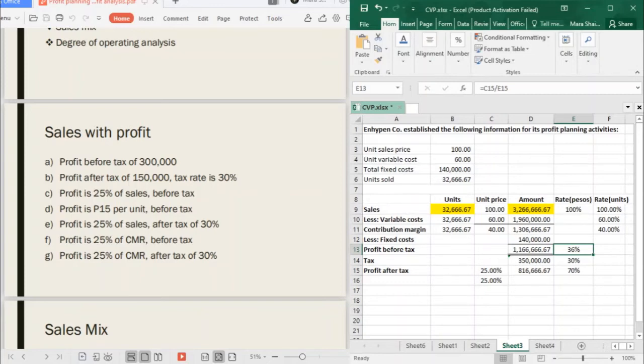Next is, this profit is 25% of CMR before tax.